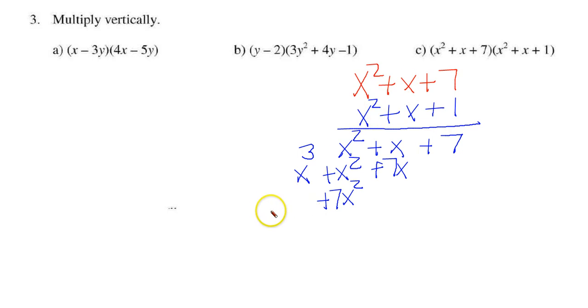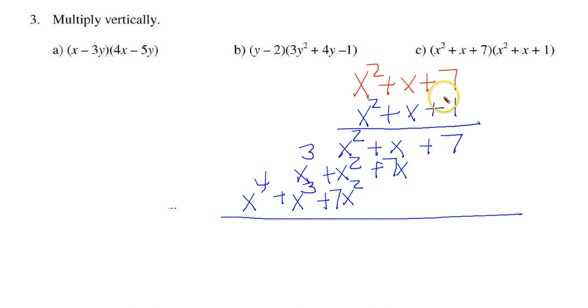This times this is x to the third, and this times this plus x to the fourth. Now notice if you did this horizontally, it'd be hard to keep track. So doing it vertically, and then you could put 1s out here if you'd like. It doesn't change its value, but helps you to keep it straight.